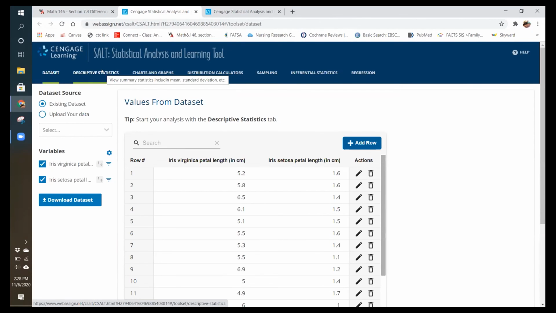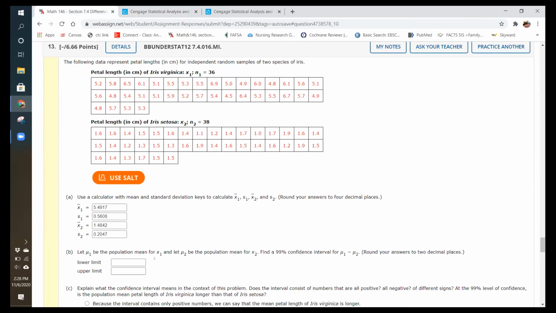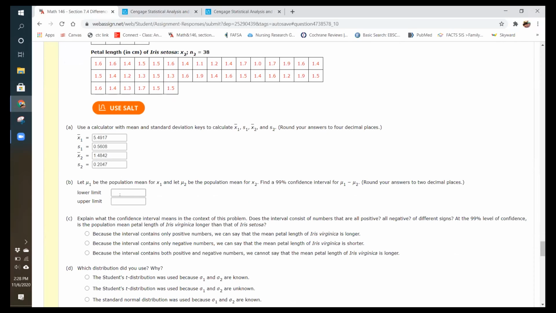And then you go to descriptive statistics. And here are your answers for the first part of the problem. Yeah, I can get that far. So you can get this part. Okay, can you do this part? That's the part I'm always getting wrong. So you can do this in SALT. Okay, let me show you how to do it. It's time consuming, but you always get the right answer.